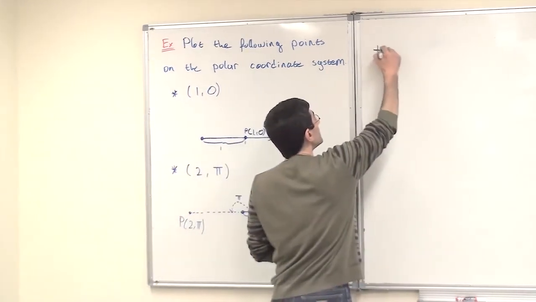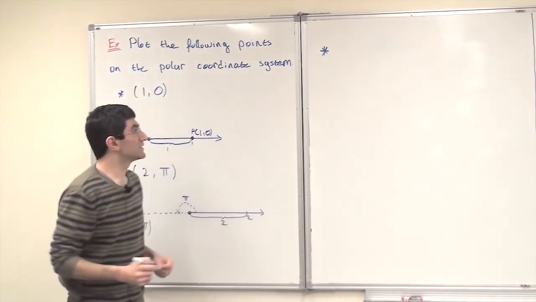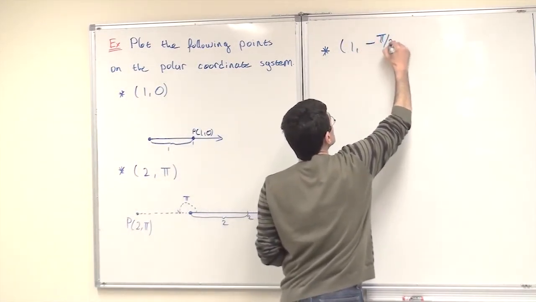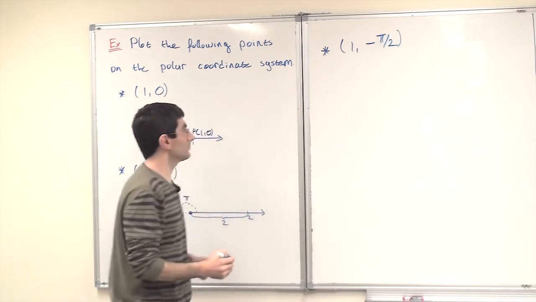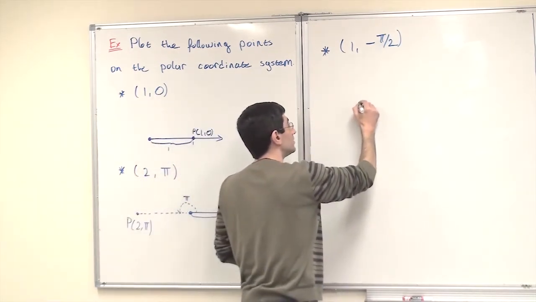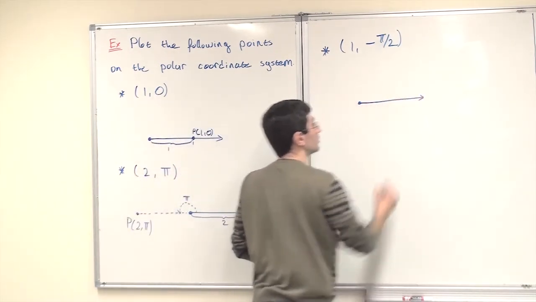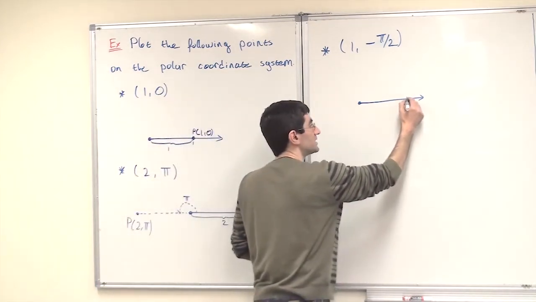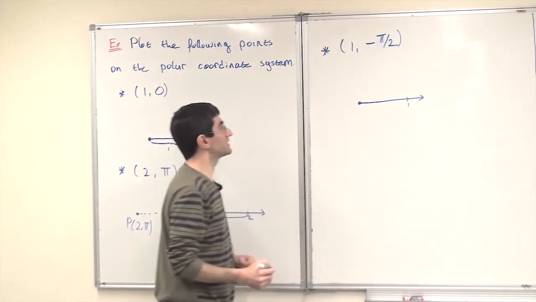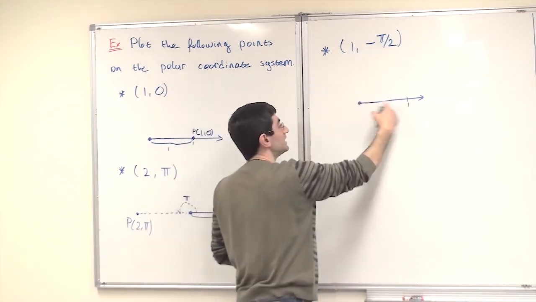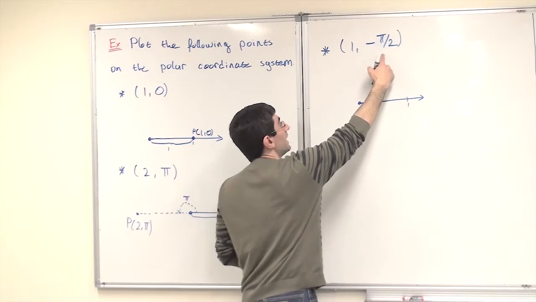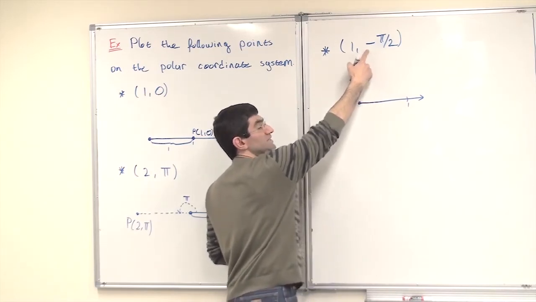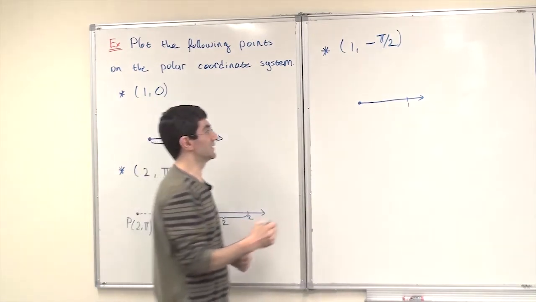Next point is the point 1, negative pi over 2. So we take our coordinate system, then we measure distance 1 on the polar axis, and we rotate this distance by an angle of pi over 2, but in the clockwise direction this time because of the minus sign.